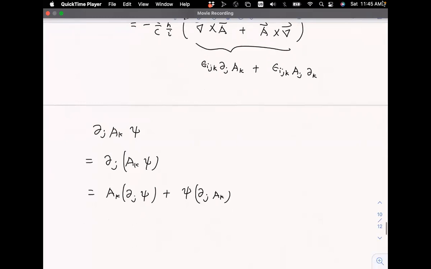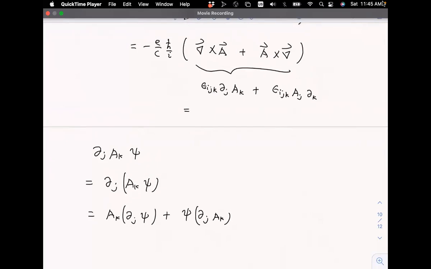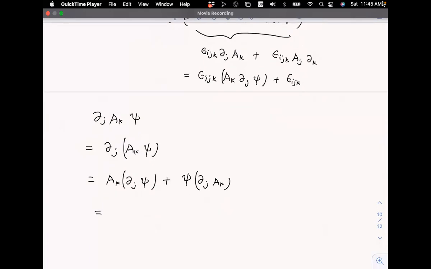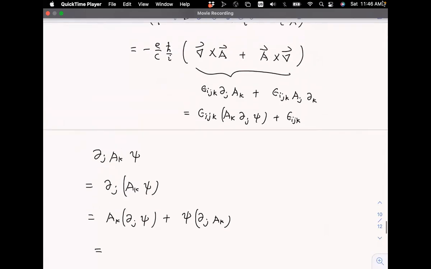So you will deal with this. This will be A_K, and then epsilon IJK, this will be, let me see.